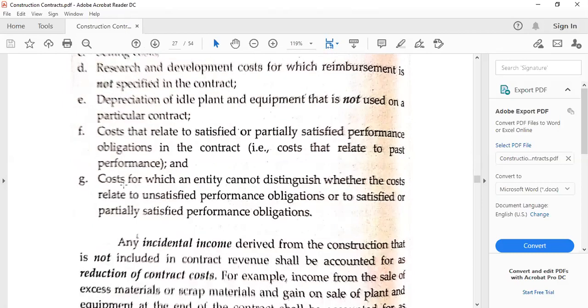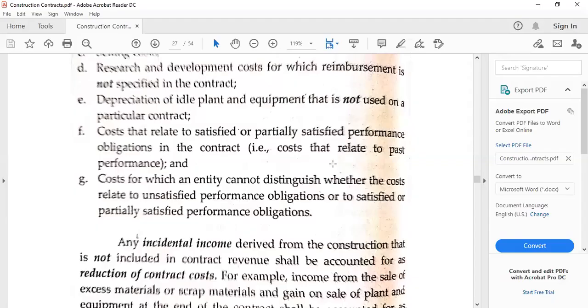Then also costs that relate to past performance that are not connected anymore to the current construction of the asset. Then costs for which an entity cannot distinguish whether the costs relate to unsatisfied performance obligations or to satisfied or partially satisfied performance obligations. So it's not clear which they belong to.